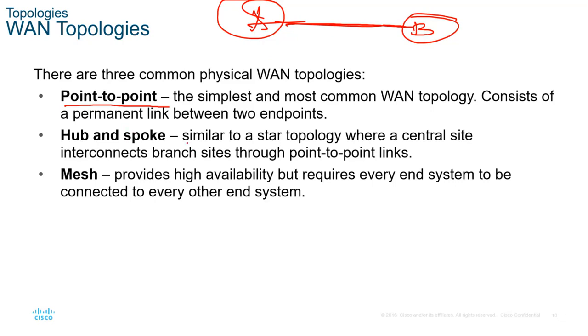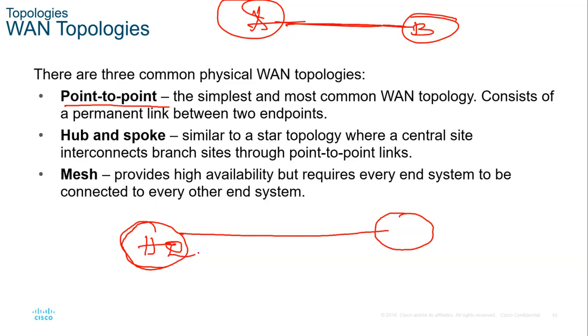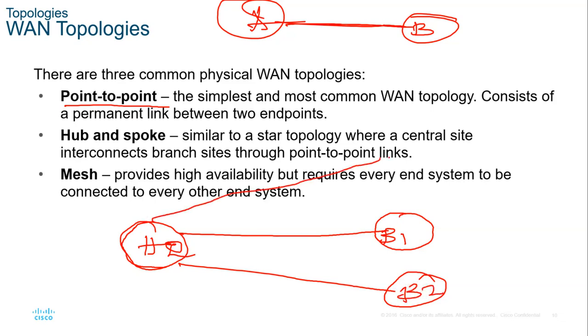We have hub and spoke, similar to star topology, where a central site interconnects branch sites through point-to-point links. So we can have a headquarter here, and it is connected to branch 1, branch 2, and branch 3.